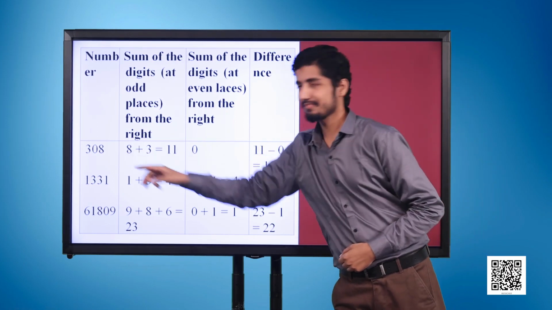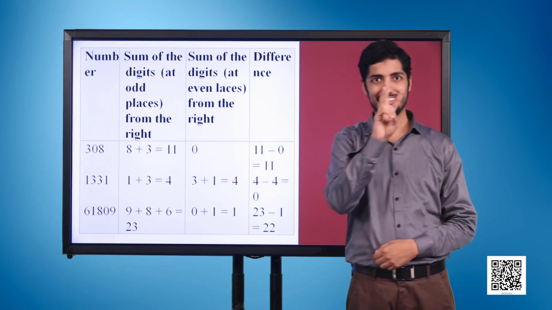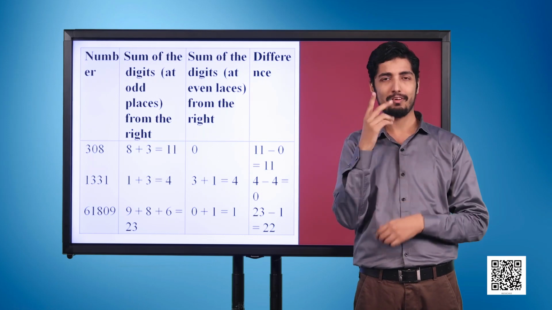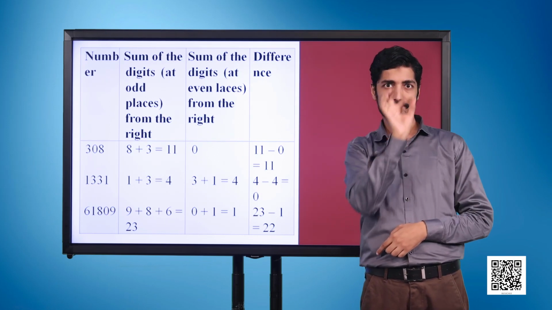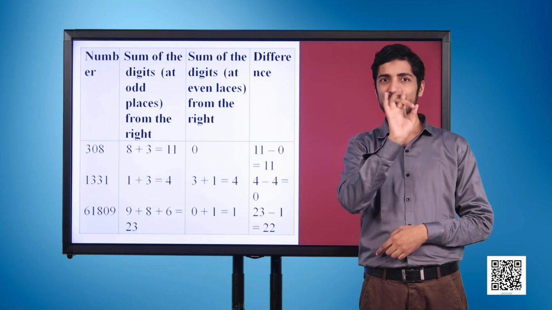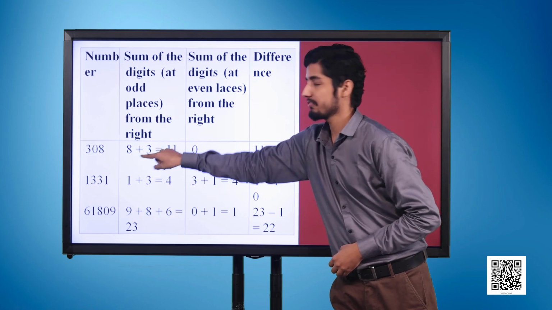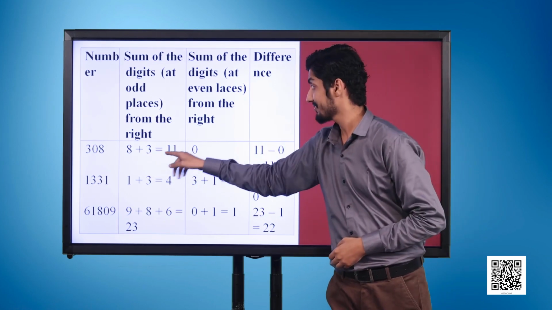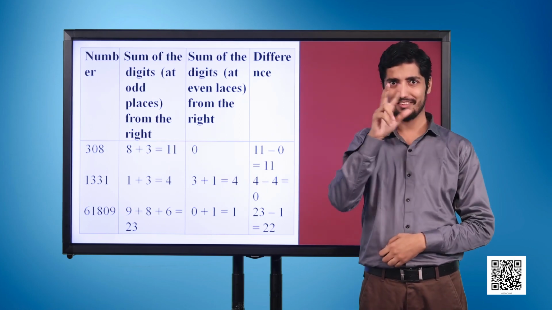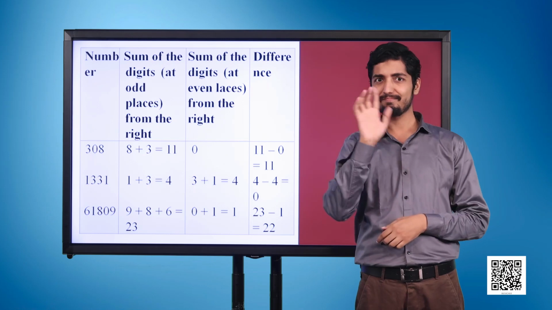Number 308. Sum of the digits at odd places from the right: 8 plus 3 is equal to 11. Sum of the digits at even places from the right: 0.